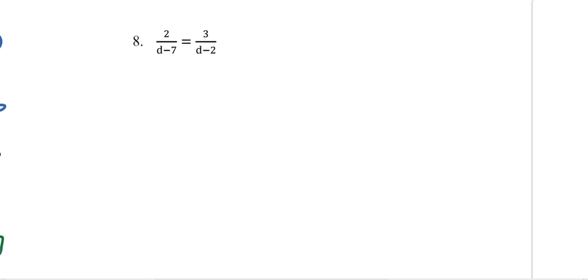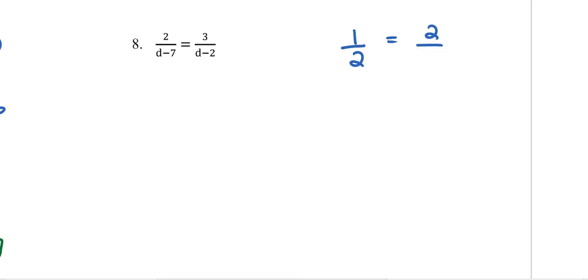Question number 8. Okay, for question number 8, one of the little tricks that you have to know is called the crisscross method. And how the crisscross method works is that if you have a fraction, like 1/2 equals 2 over 4, these two fractions are equivalent, and what I do is I just highlight the denominators and I can move them to the opposite numerator, kind of like the x method.